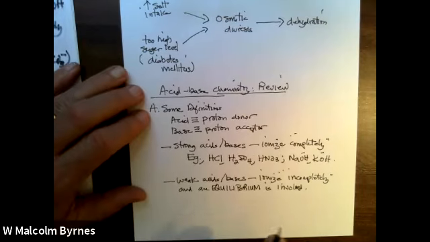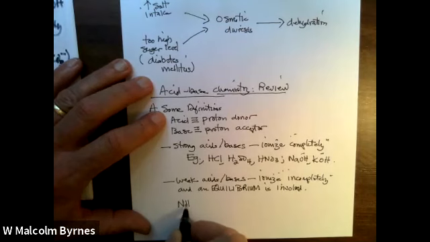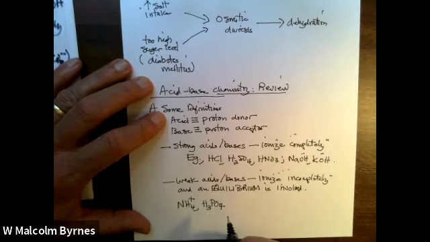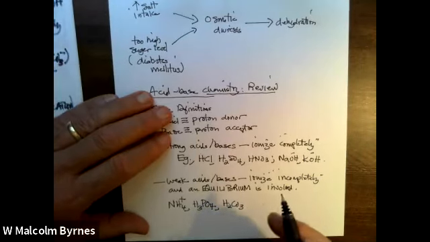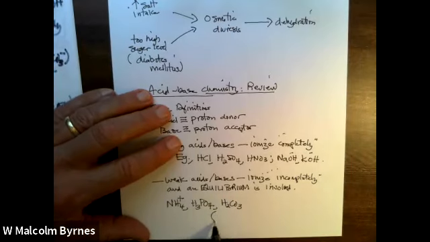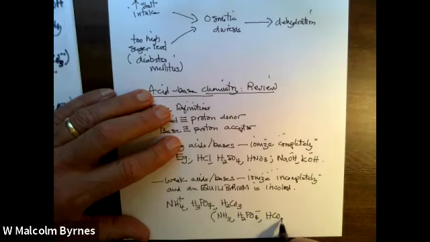So some examples of weak acids are the ammonium ion, okay? Phosphoric acid, believe it or not. Carbonic acid, okay? And their conjugate bases, ammonia, okay? Dihydrogen phosphate ion, the bicarbonate ion.